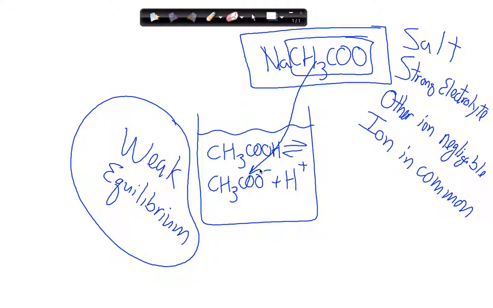Similarly, if the weak electrolyte that we're playing with is a weak base, then the ion that we'll be adding will be its conjugate acid. Yeah, you're exactly right. And then my question is, what if we were to add, instead of CH3COO minus, some other ion that could work as a base as well?